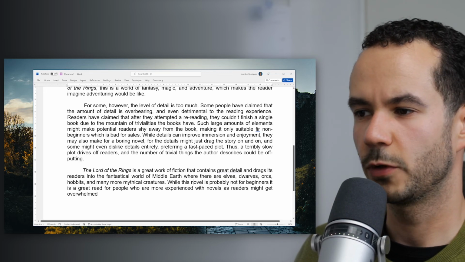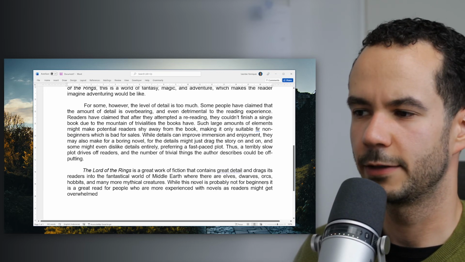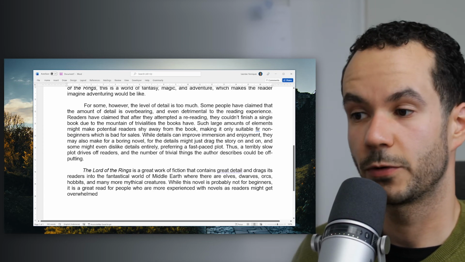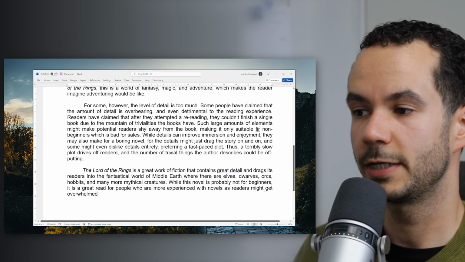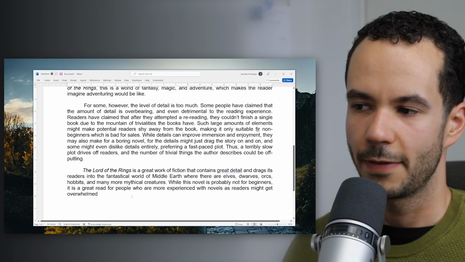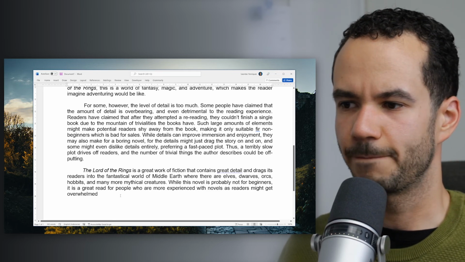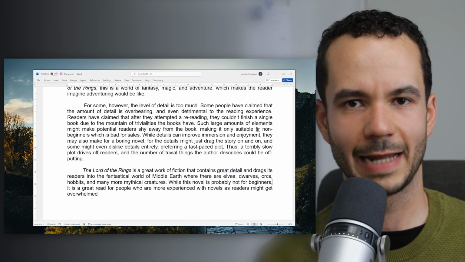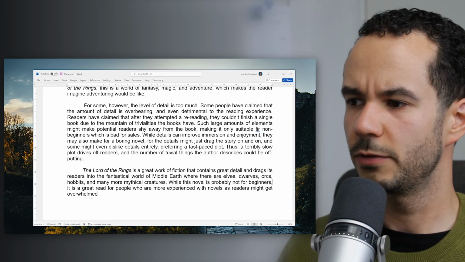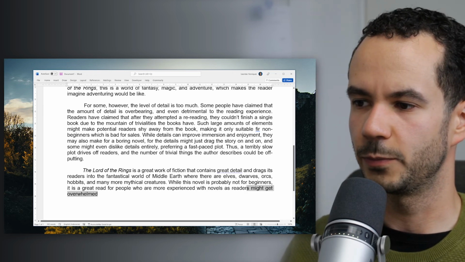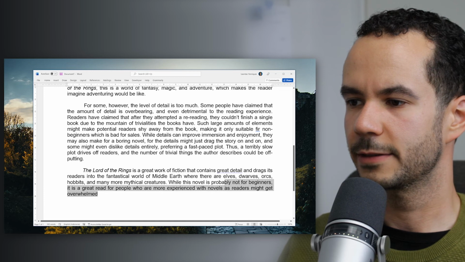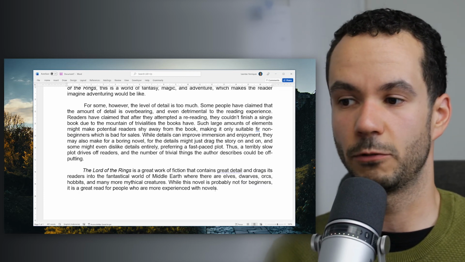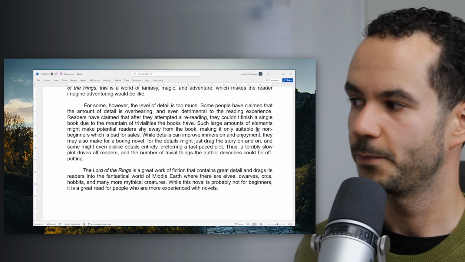While this novel is probably not for beginners, we need to add a comma, it is a great read for people who are more experienced with novels, as readers might get overwhelmed. Now, I don't want to restate the same thing. I think the positive point is described elaborately, so what I can do is simply remove this final part and say that this book is a great read for people who are more experienced with novels.